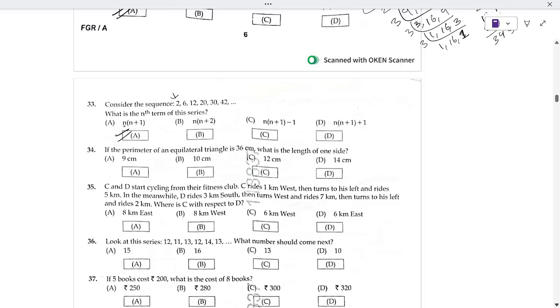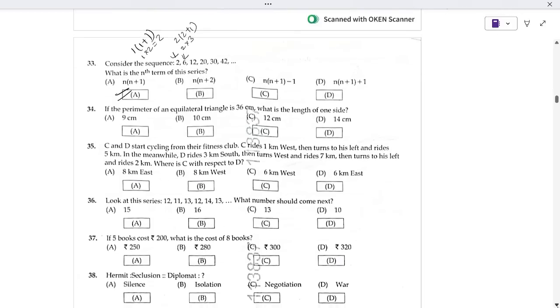If you place 1 instead of n, 1 into 1 plus 1 is 1 into 2, which gives us 2. Now for the next one, 6, try with 2 plus 1: 2 threes are 6. You check here 3, 4, 5, 6 and so on. So A is the answer. Next one.